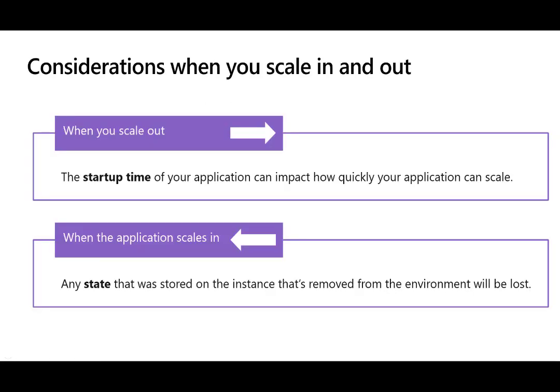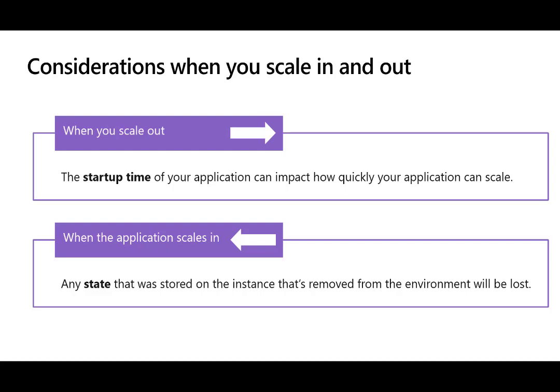On the last note about scaling, I also have two considerations that will be good to be aware of when you're scaling in and out. The first point: when you're scaling out, the start time of your application can actually impact how quickly your application can scale.